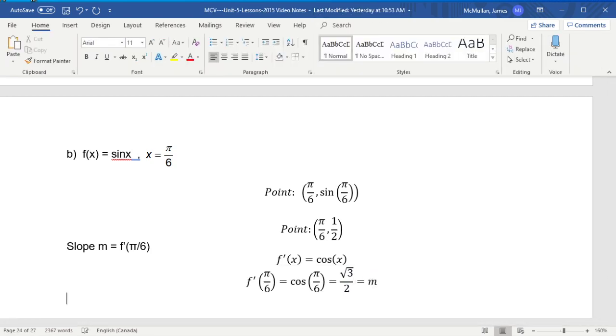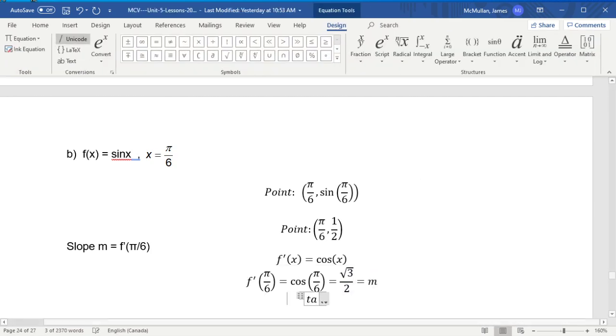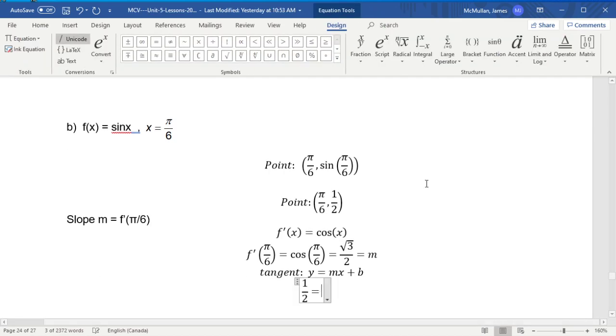Okay. Now, what we know is that the tangent is y equals mx plus b. And what do we know about that tangent right now? We know that the y value is 1/2 equals the m value, which is root 3 over 2, times the x value, which was pi over 6, and then plus b.